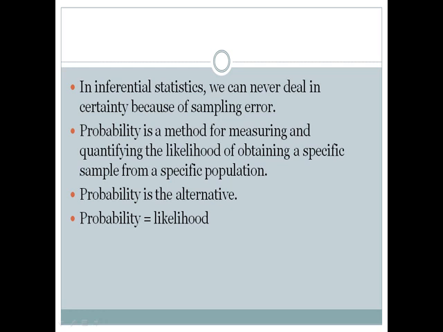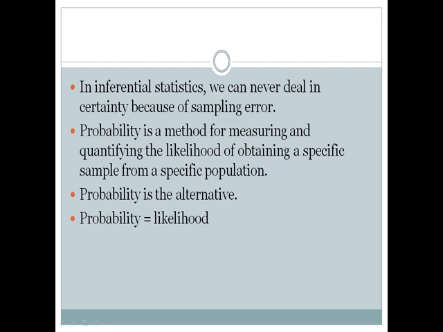Let's say that we have two bags of marbles. One is 50-50 black and white: 50 black, 50 white. The other has 10 black, 90 white. If I draw 4 marbles in a row and they are all white, which bag is it more likely that they came from?